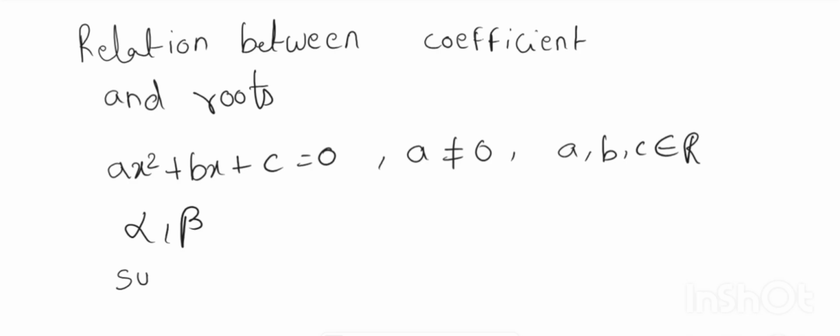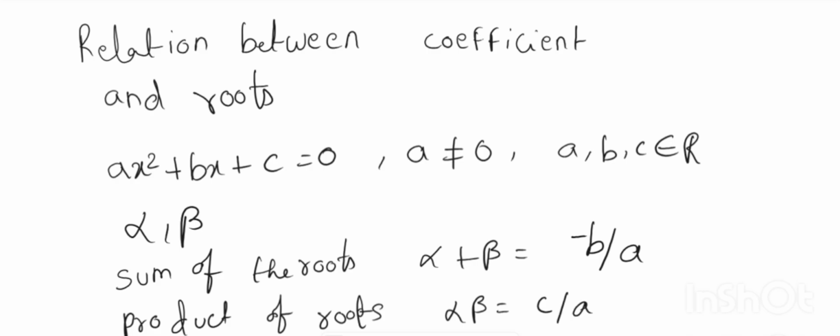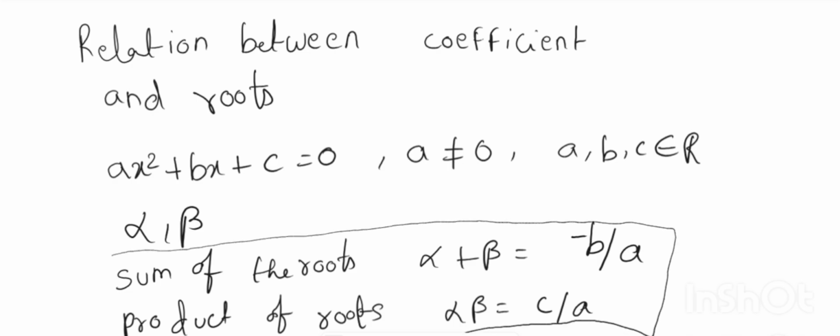The sum of the roots alpha plus beta is equal to minus b by a, and the product of roots alpha beta is equal to c by a. This is a very important formula, and many questions have been asked with these formulas.